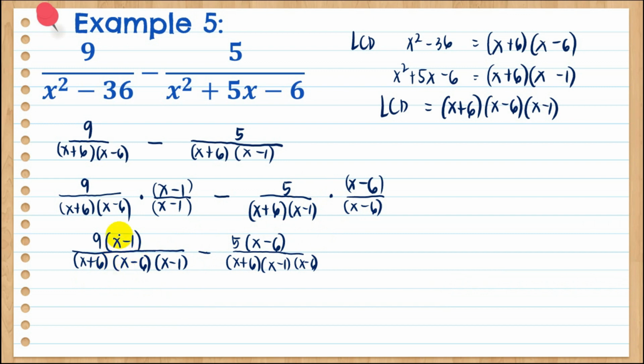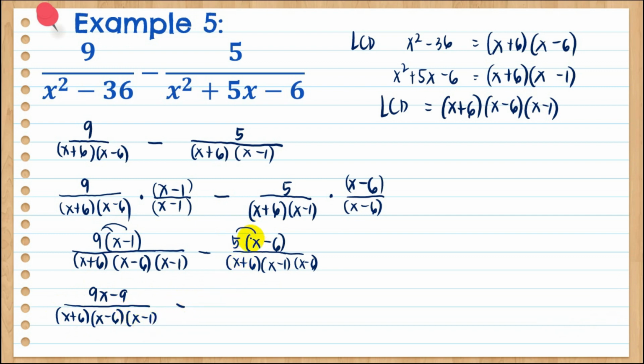So, now for the numerators, apply na natin yung distributive property muna. 9 times x and 9 times negative 1, that is 9x minus 9. Again, the denominator is the quantity of x plus 6, x minus 6, and x minus 1.